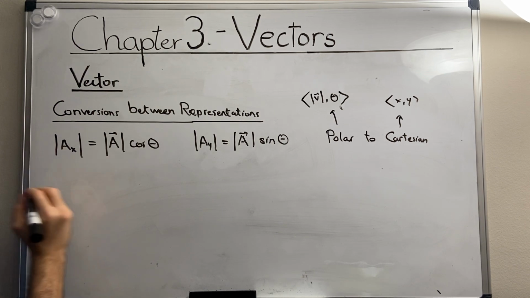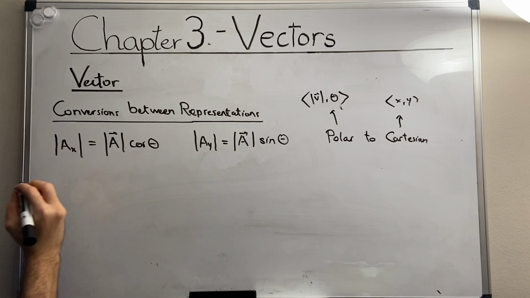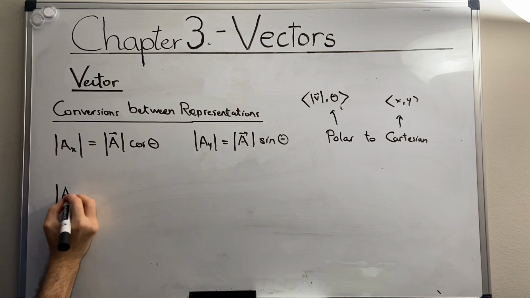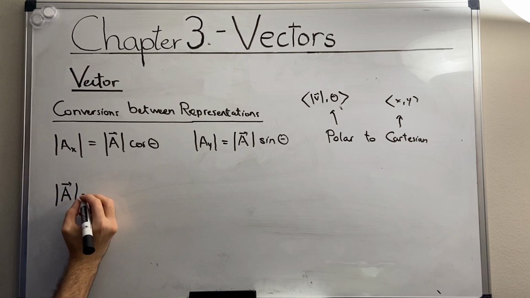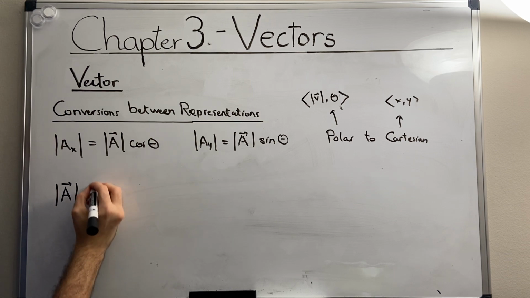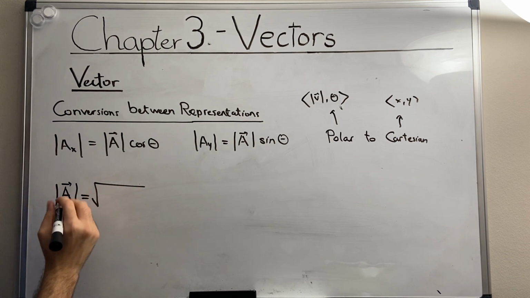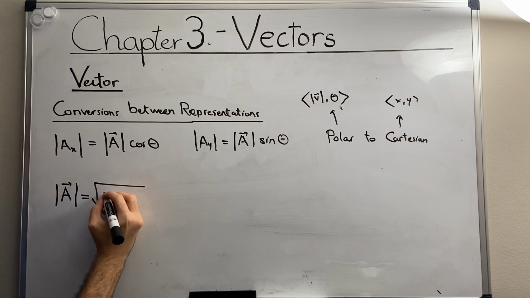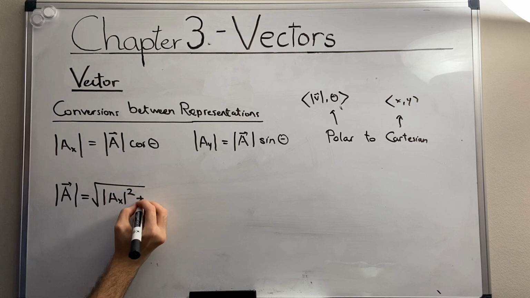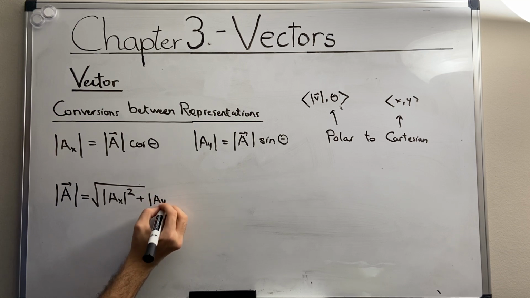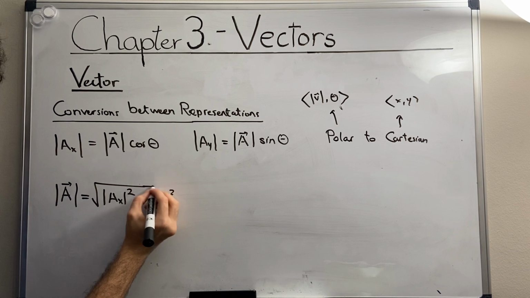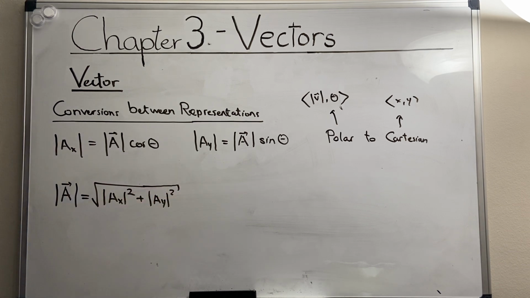If we're going from polar to Cartesian, we can find the magnitude of the total vector, like so. Right?